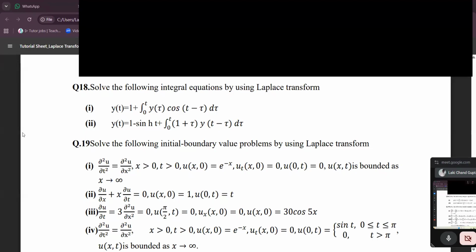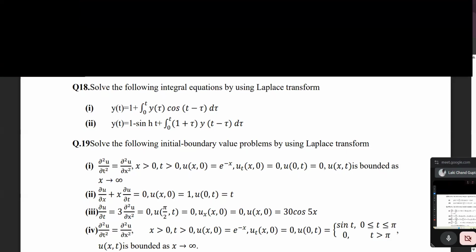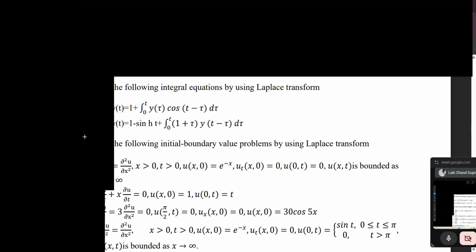See, question number 17, sorry, 18. In question number 18, the question is given in convolution form, right?